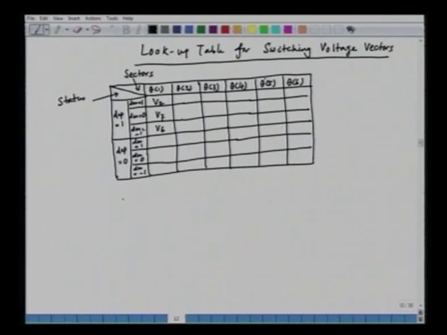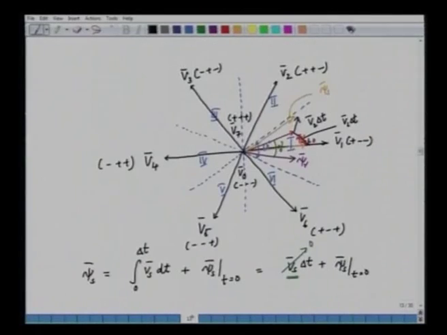Now, similarly, when the flux status d psi is equal to 0, we want to increase the torque, dm equal to 1. It means the flux should be reduced, but the torque should be increased. We have the vector in sector 1, and we want to reduce the flux but increase the torque. So, we will apply V3 in this case.